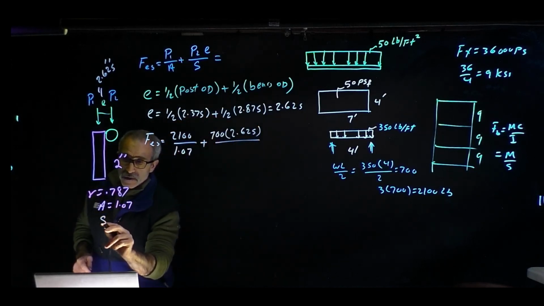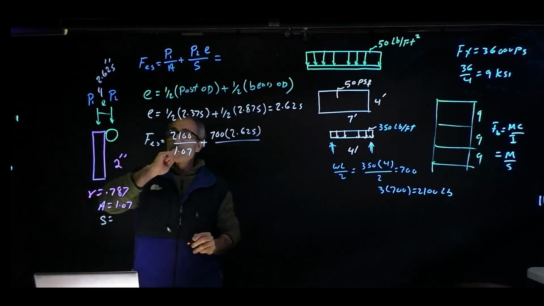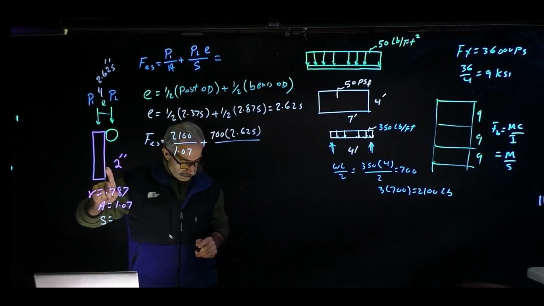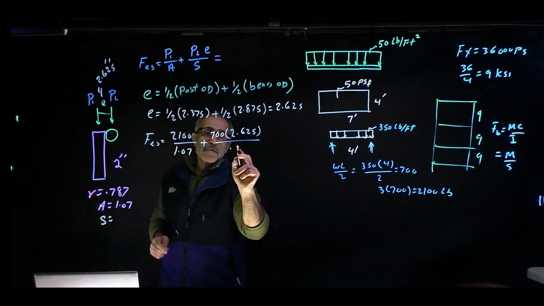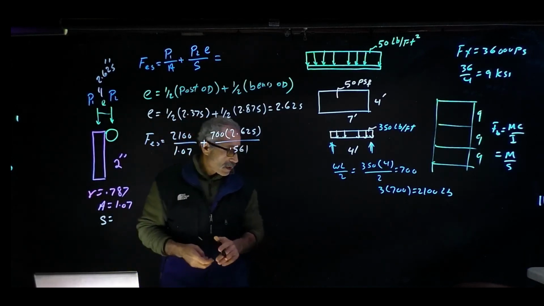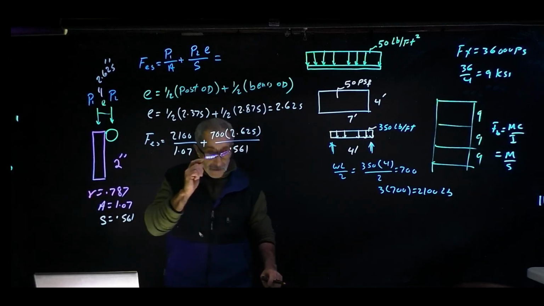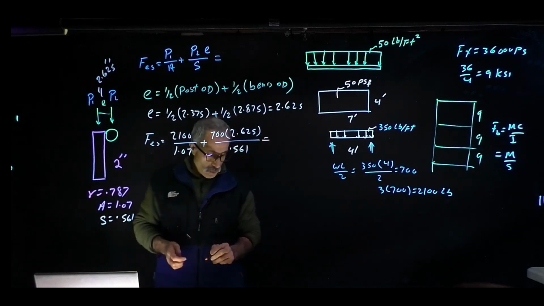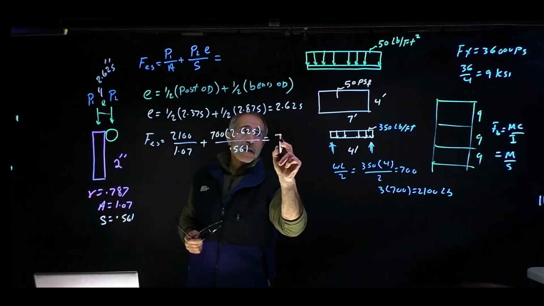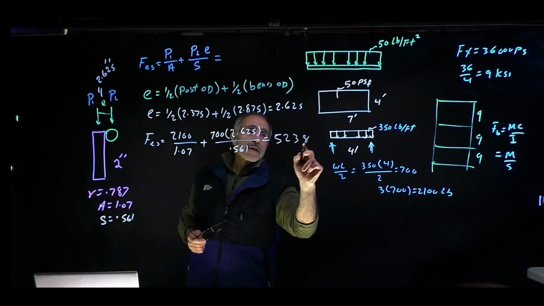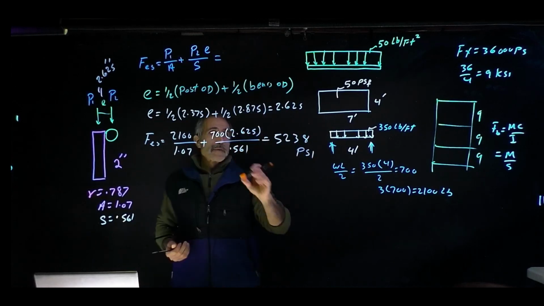The S for this pipe came out to be, I think, 0.561. Let me double check that. So that comes out to a total of 5238 psi. Okay, so this came out to 5238 psi.